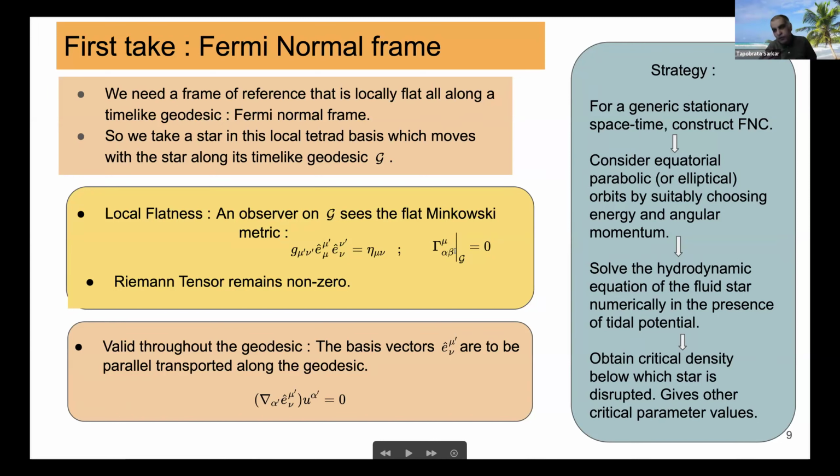You have to work order by order in approximation, but you could solve the hydrodynamic equations in the Newtonian spirit. There are very famous papers, one by Ishii, Shibata, and Mino, where they show how you could obtain the critical density below which the star is disrupted, and it gives you the parameters at which the tidal disruption will take place, and so on. So that's all fine.